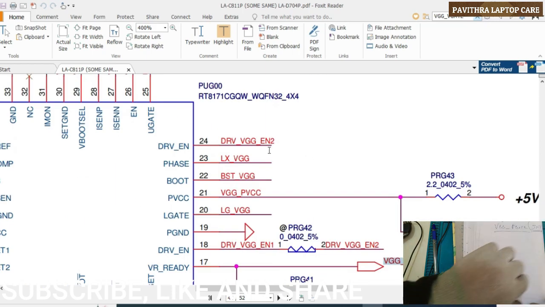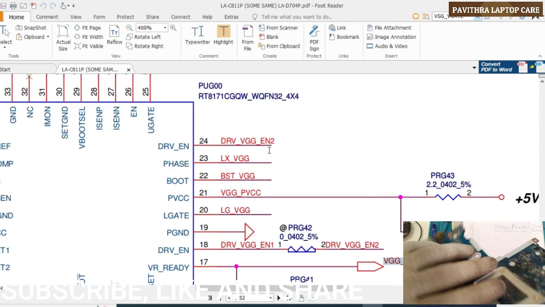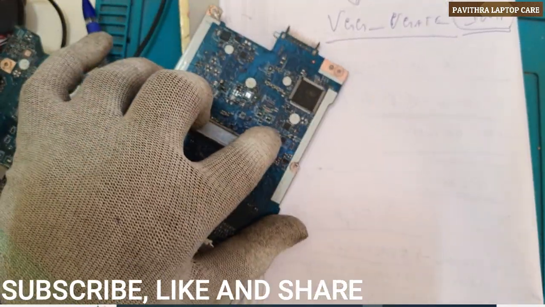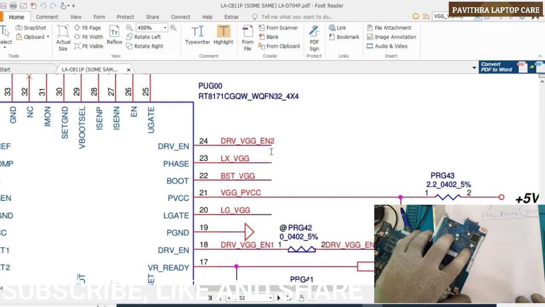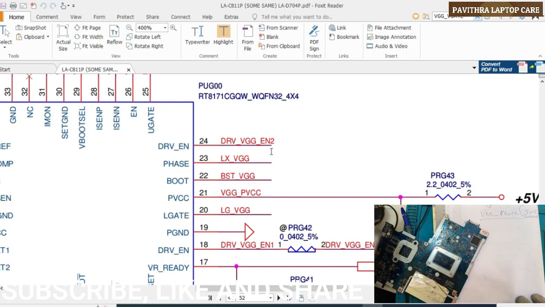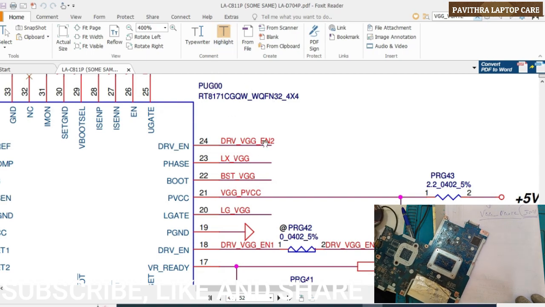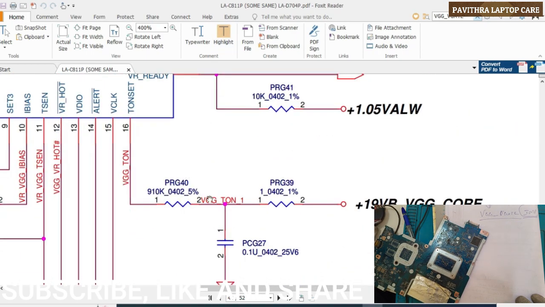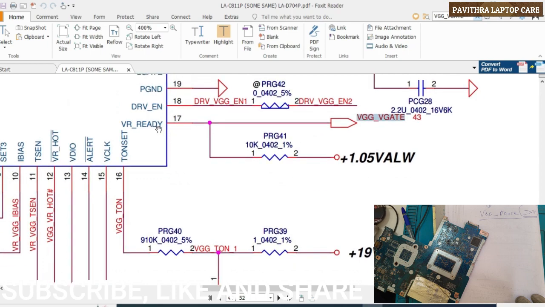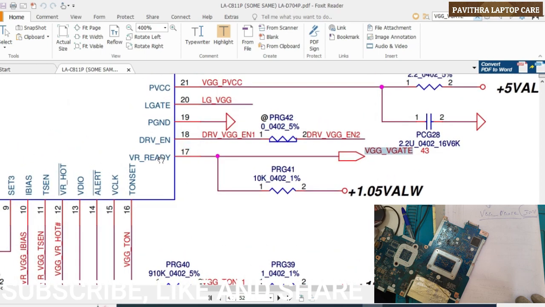Check in the motherboard, PUG 00, that is also RT8171C. See, from this particular IC the power good is produced. It's nothing but power good. This power good is named VGG VGate.